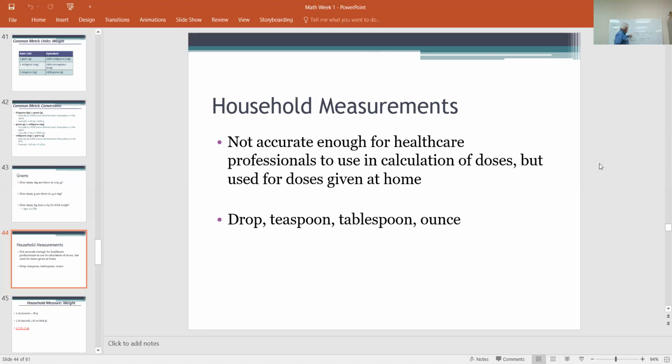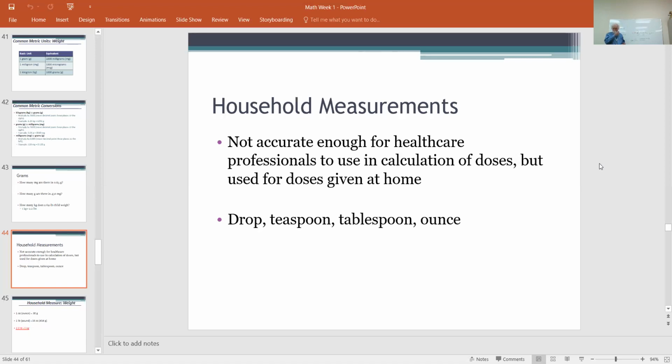The larger unit that we commonly use is the kilo, which is 1,000 times any one of these. The only place we'll use kilo in our calculations is in patient weights, because we often dose based on their weight in kilograms, 1,000-gram units. A kilogram is about 2.2 pounds.